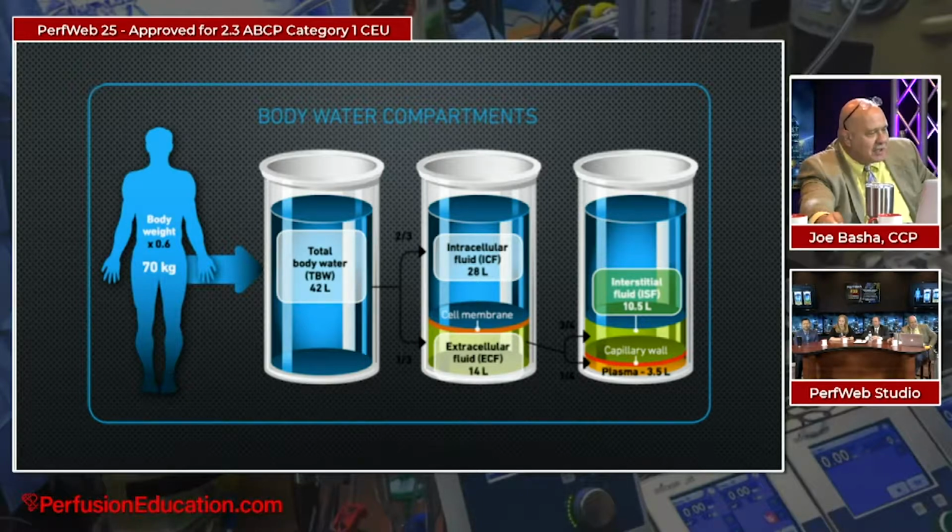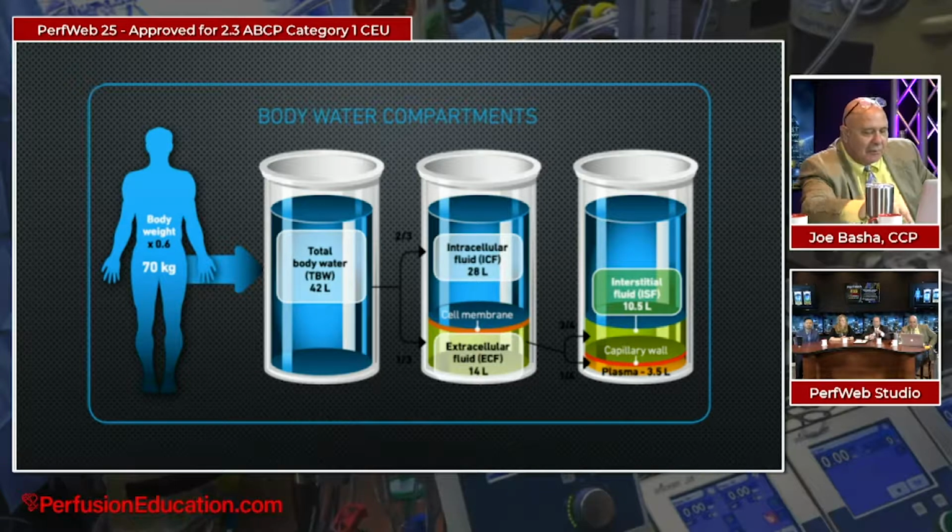Of that, 10.5 liters in this patient is in the interstitial space. And then the plasma, the liquid portion of our blood, is 3.5 liters.